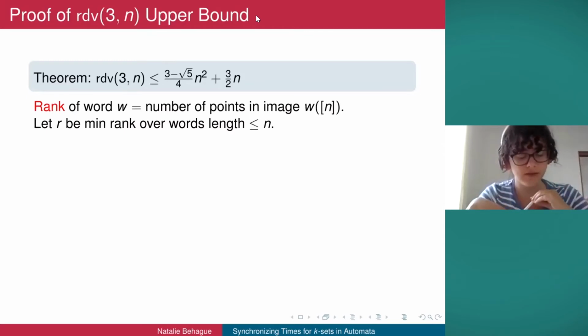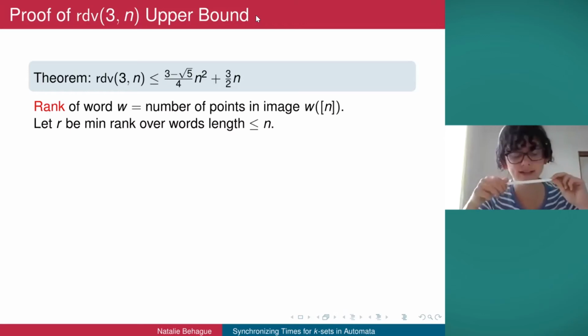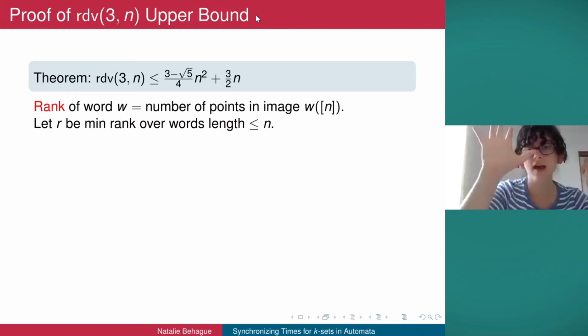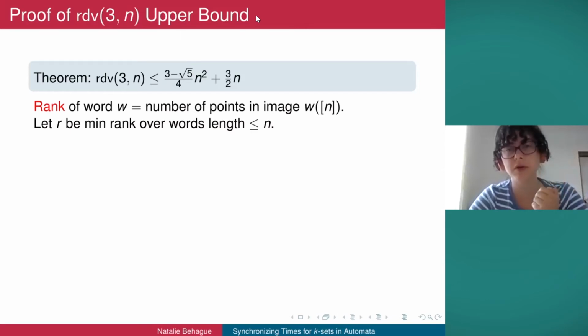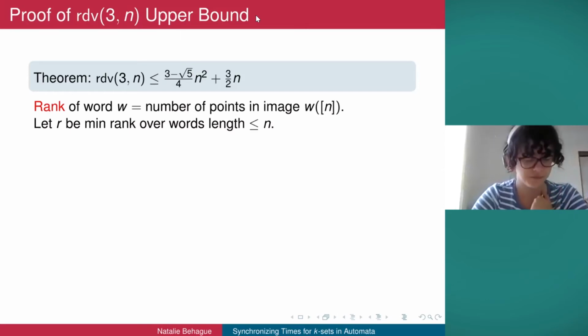If R is small, that means there exists a word of length at most n which has a small number of points in its image, so it sends everything down to a small set. And if R is big, that means that all words of length at most n have quite a lot of points in their image.